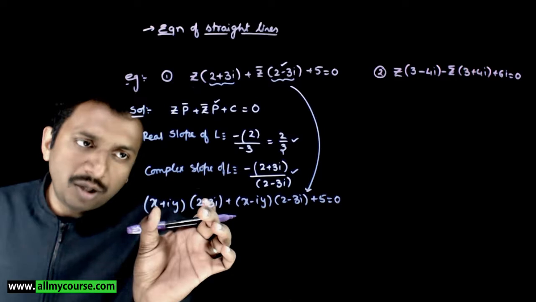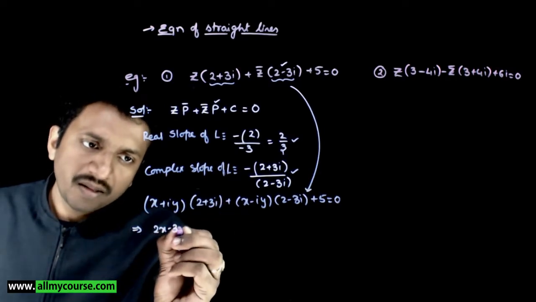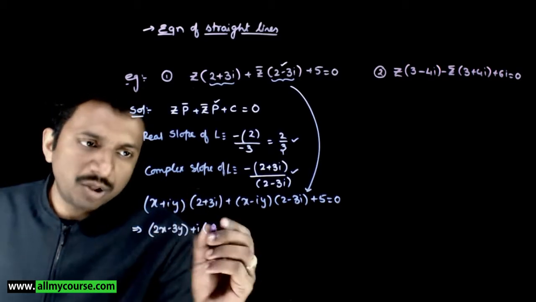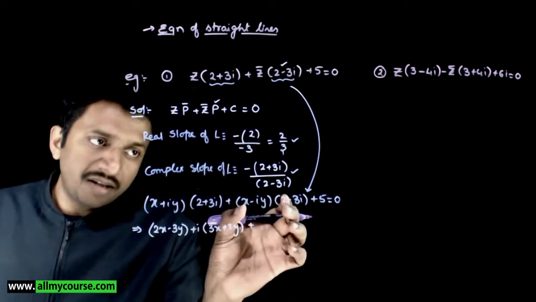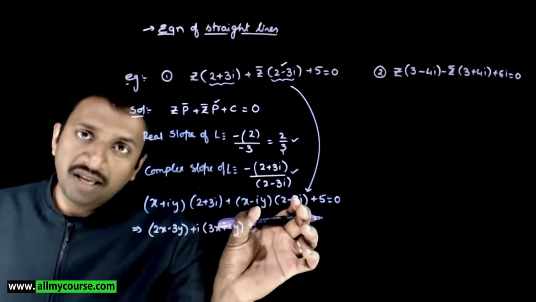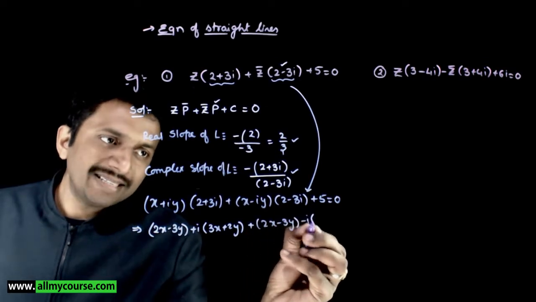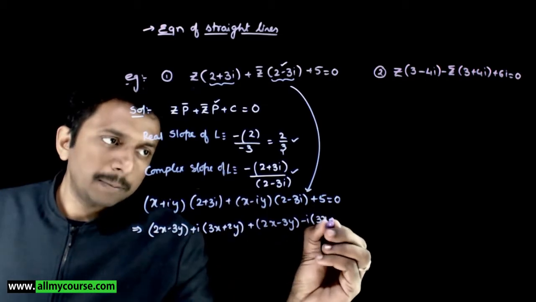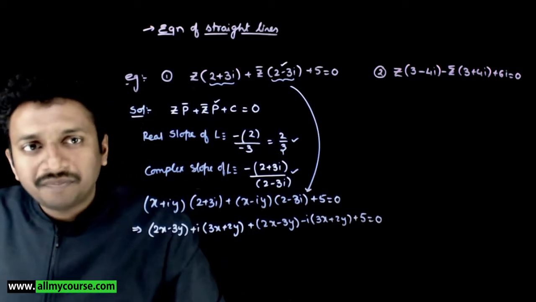So if you multiply this, you get (2x − 3y) + i times (3x + 2y) plus here (2x − 3y) again minus i times (2y + 3x) plus 5 is equal to 0.